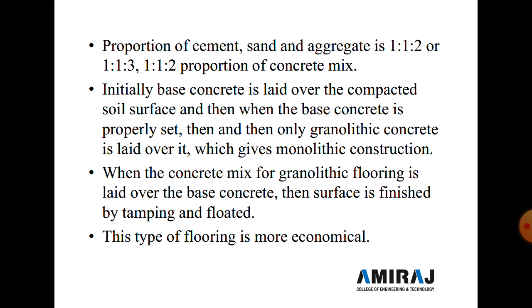When the concrete mix of granolithic flooring is laid over the base concrete, the surface is finished by tamping and floated with the help of a wooden float, and a smooth surface is obtained with a steel trowel. This type of flooring is more economical and especially used for low cost housing schemes where flooring covering material is more costly.